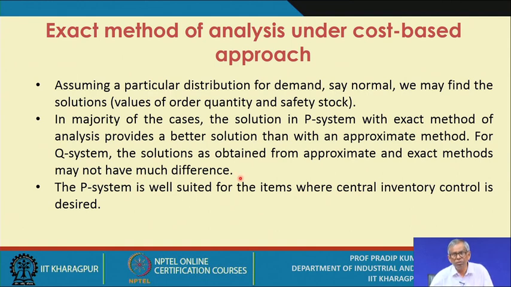We can prove this with data, and when we take up numerical examples, this point will be made clearer. So for the Q system you prefer to use the approximate method, whereas for the P systems you prefer to use the exact method.